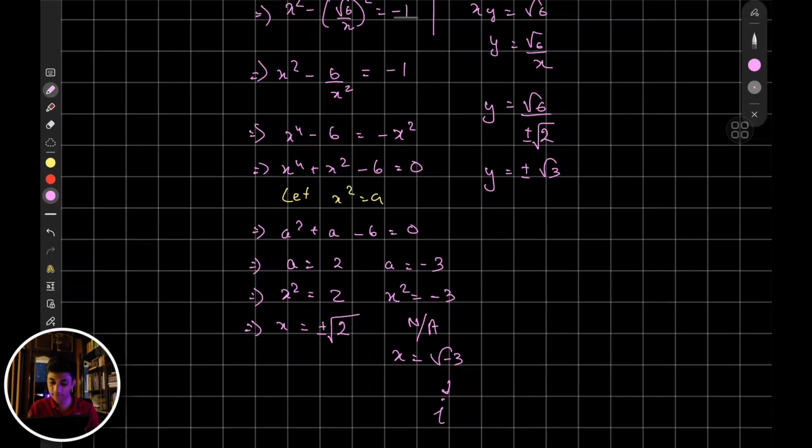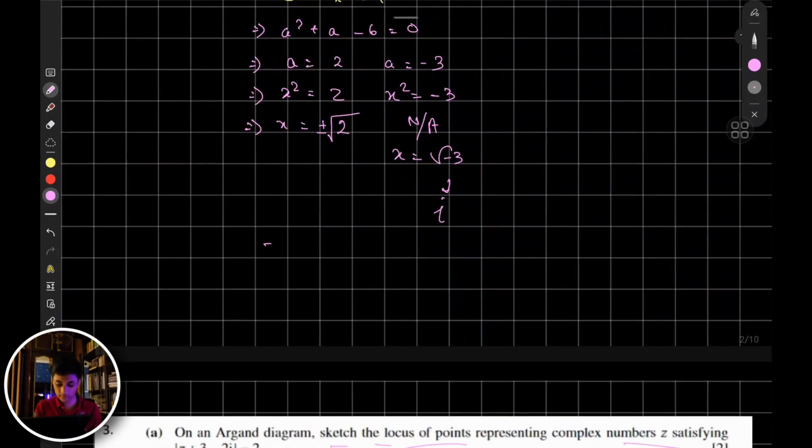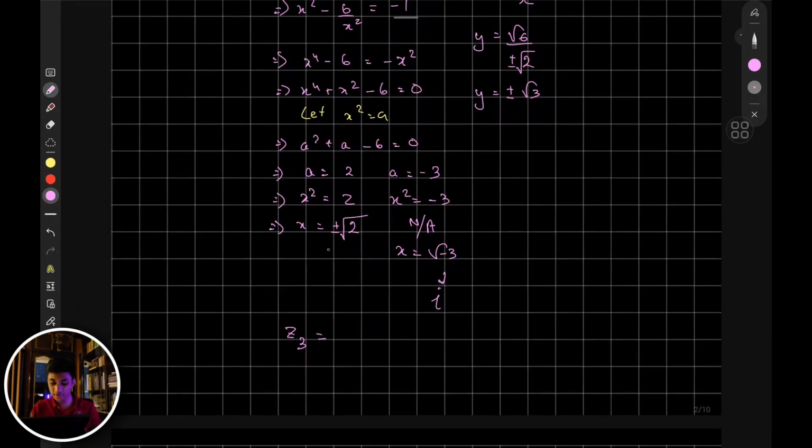Okay, so you can now say that z can be... Another thing to note is if x is positive, y will also be positive since there is no negative sign over here. So if we are taking positive root 2, we are getting positive root 3. If we are taking negative root 2, we are getting negative root 3. Great.